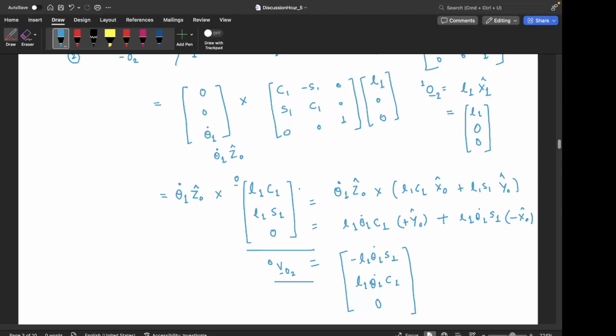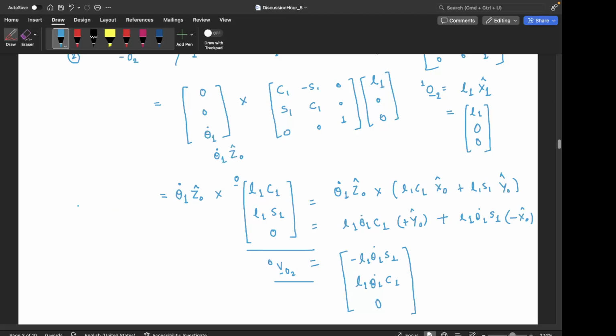And that's where we need to state which frame we want to work in, right? So I can write the velocity of frame 2 with respect to frame 1 in either frame 2 or frame 1 or frame 0 or any frame that I assign anywhere else, right? And that description would change, but essentially physically that vector remains the same, right?